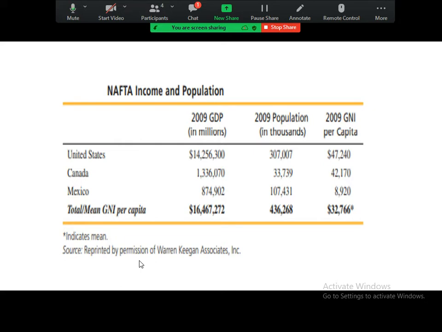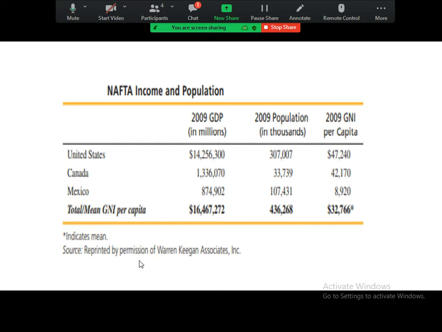At present, however, there is no common external tariff, nor has any restriction on labor and other factor movement been eliminated. The issue of legal immigration from Mexico into the United States remains a continuous one.